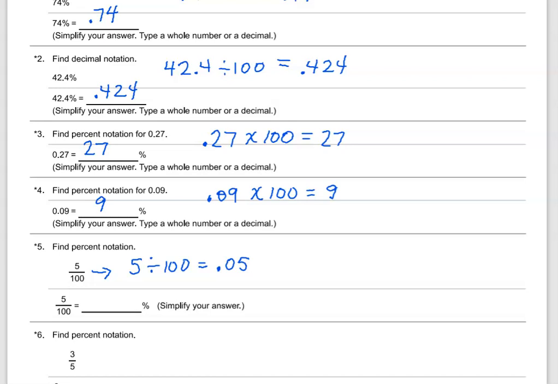But they're asking the answer in percent, so I'm going to have to do what? Multiply by 100 to get it to be my 5% that they're asking for. Okay.